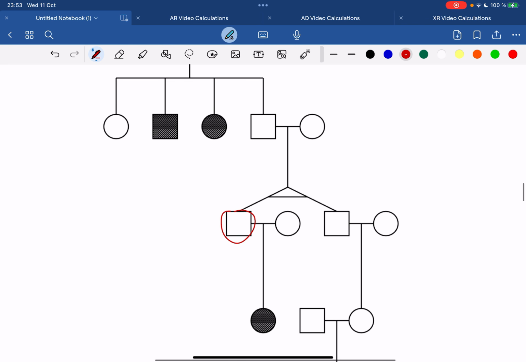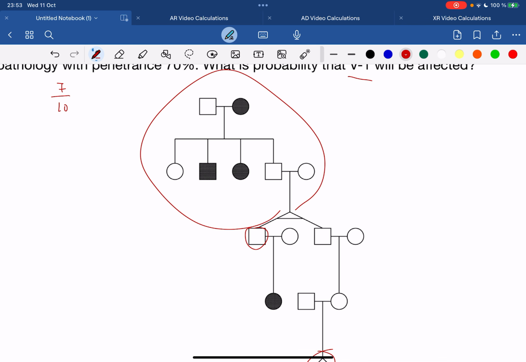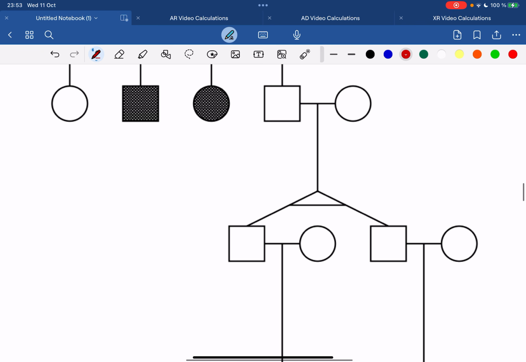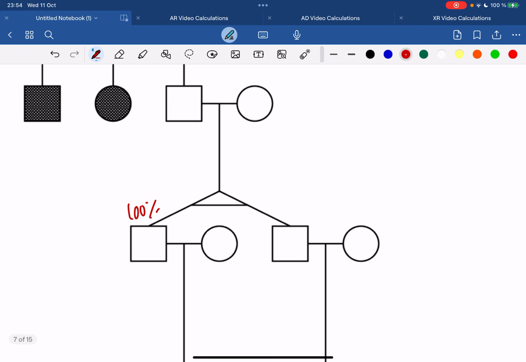Because this person has a previous history with this illness. And remember, any person with a previous history with an illness that is unaffected, that has a child that is affected, means that they are 100% a carrier. So that would be 100% here. And because he has a monozygous brother, it would be 100% here as well.